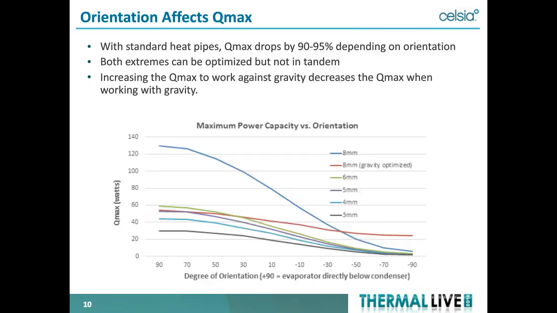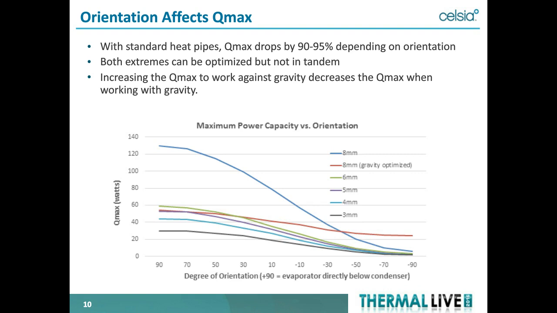So how does orientation affect the performance of these? It's a very common question. A lot depends on the wick structure and whether it was designed to work against gravity. So we have a chart here that shows you the performance of these different diameter heat pipes versus the gravity angle.